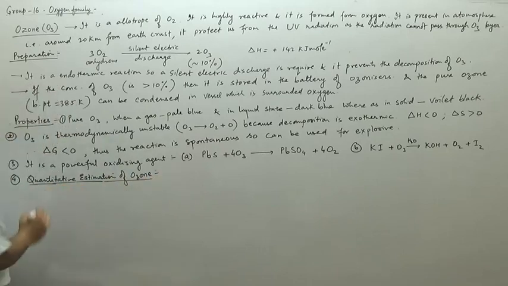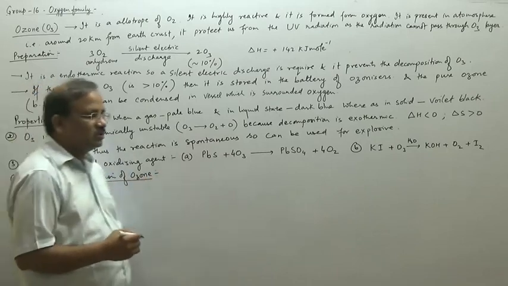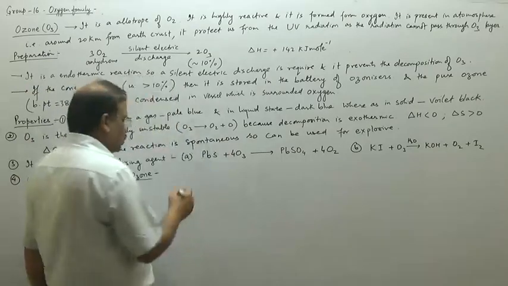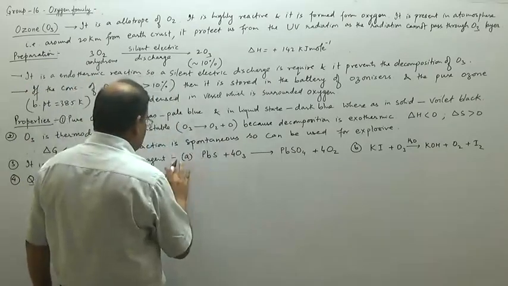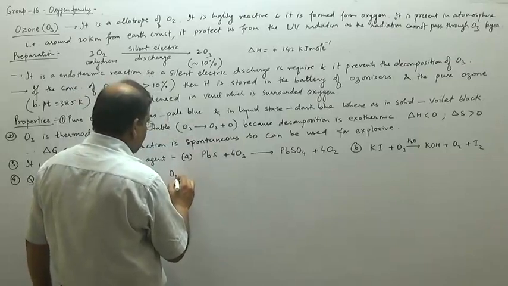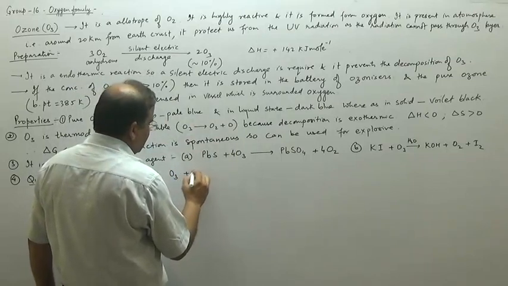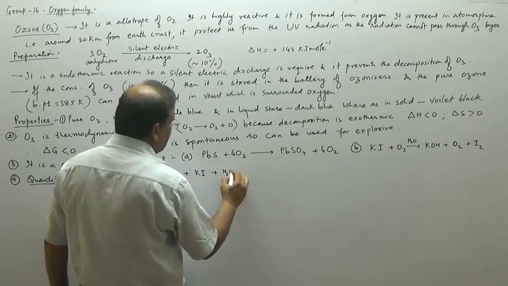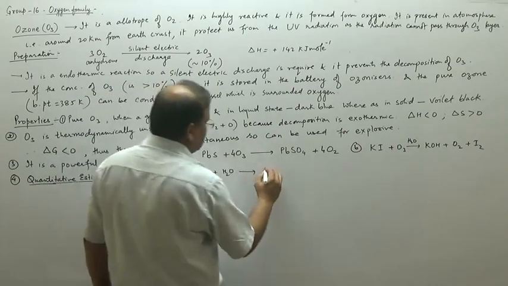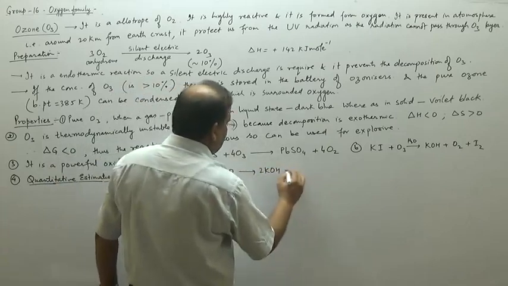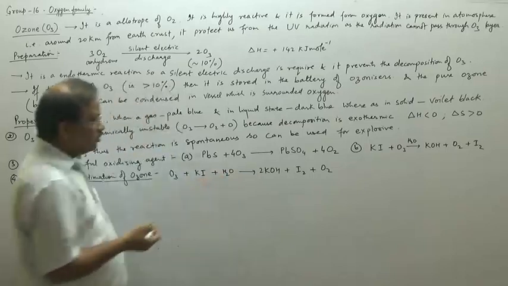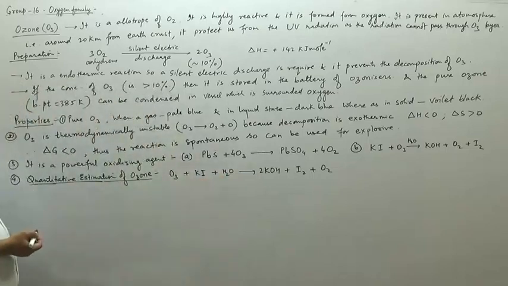We know that in the quantitative estimation, ozone is treated with KI in presence of water. When O3 is treated with KI in presence of water, I get twice KOH, plus I2 liberated, plus O2 liberated. So I'm going to write that the reaction is like this.